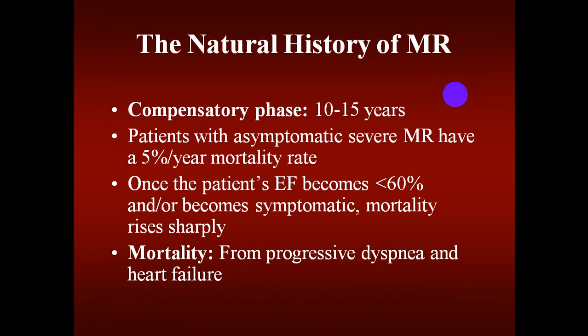I mean, even if asymptomatic with severe disease on investigation, there is a mortality of about 5% every year. But if the ejection fraction and ventricular function start to deteriorate, or the patient becomes symptomatic, mortality sharply increases. Mortality is from progressive dyspnea and heart failure.